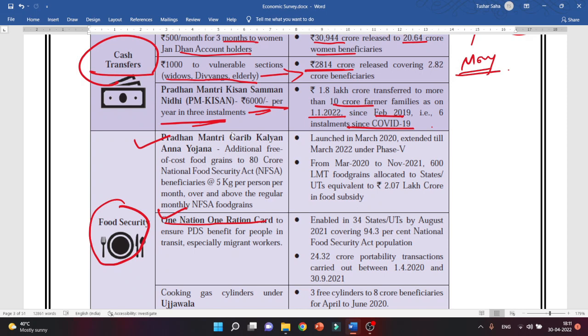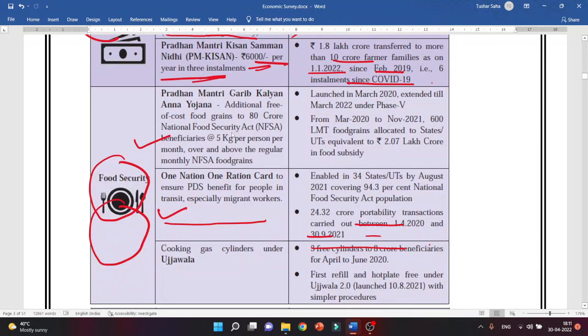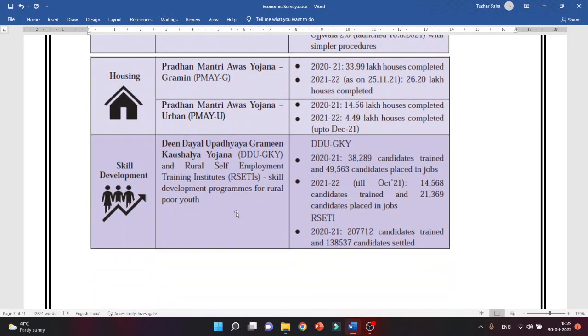But after One Nation, One Ration Card came into force, they could use it. Everyone was given a central platform. That has helped the people of the country. This was enabled in 34 states and union territories by August 2021, covering 94.3% of the National Food Security Act population. This is one of the steps taken by the government.